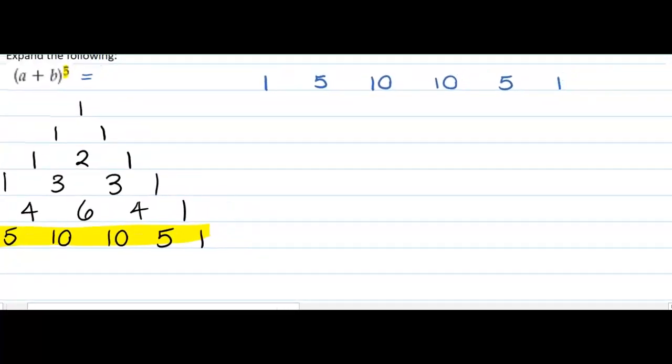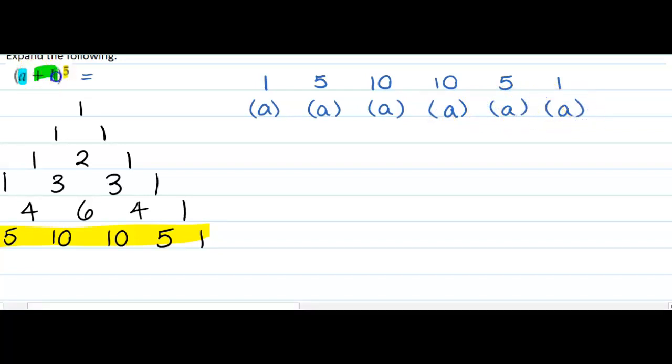The next thing I'm going to do is write the first term, which in this case is a, underneath each one of those coefficients. And I'm going to put them in parentheses. I'm going to take the second term, which in this case is positive b, and I'm going to put it in the second row here. b, b, b.